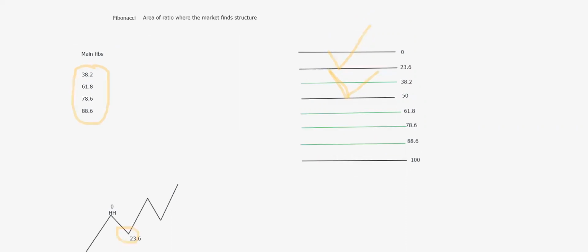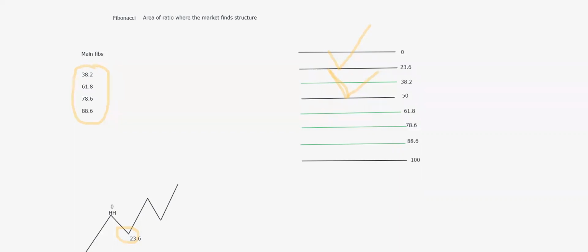If price lands on 61.8, it is valid. If price lands on 78.6, it is valid. If price lands on 88.6, it's valid. If price lands on 100%, it is valid. But the main fib levels are 38.2, 61.8, 78.6, and 88.6.